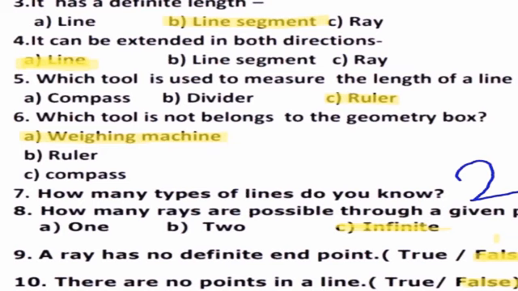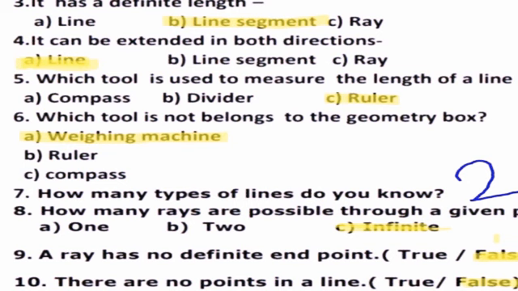Now I am going to give you a short discussion on what we have learned. We have learned about geometry box tools: ruler, compass, divider, pencil, eraser, and set squares.